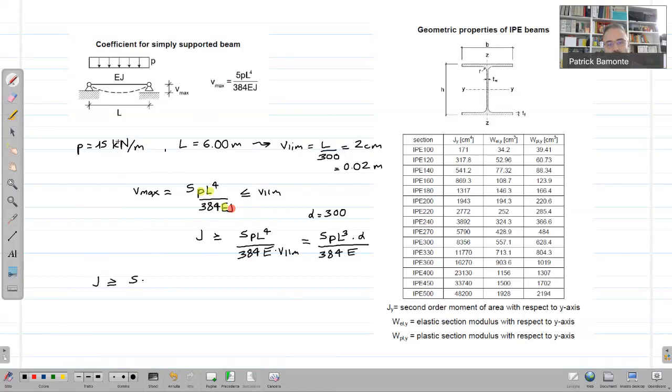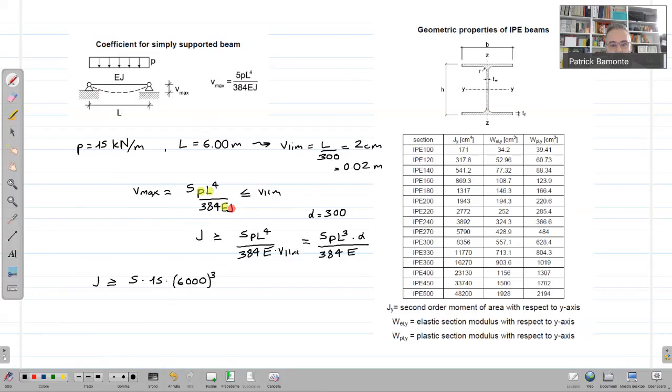Since kilonewtons are 1,000 newtons and meters are 1,000 millimeters, this load is equivalent to 15 Newton over millimeter. So I use it as such without changing it. Then we have L, which is expressed in meters. So in order to change it to millimeters, I multiply it by 1,000. So 6 meters are 6,000 millimeters.